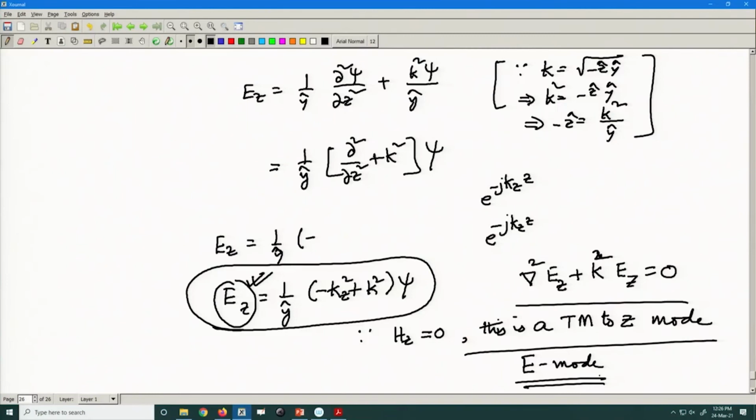So, now we see that for a z directed current source which generates a z directed magnetic vector potential, we get a TM to Z mode.